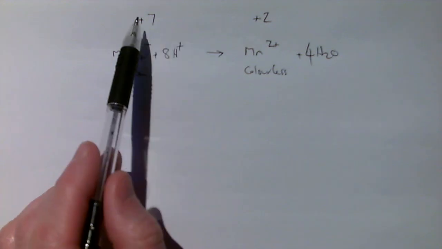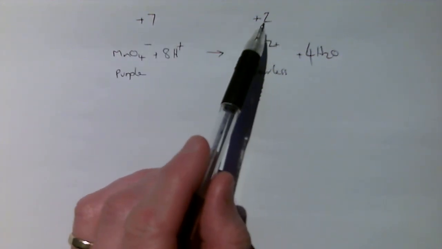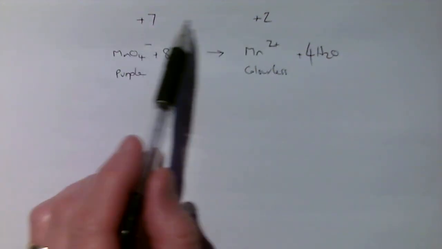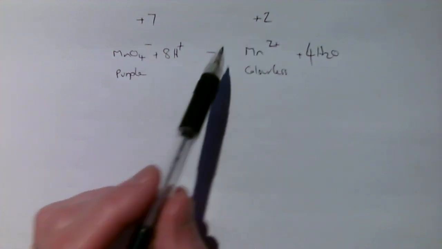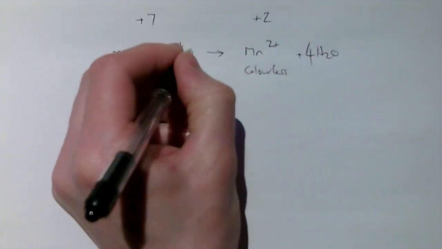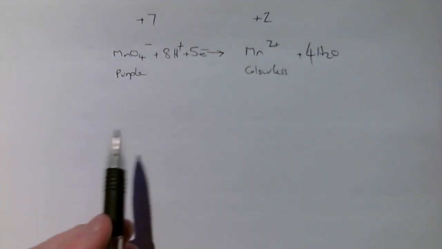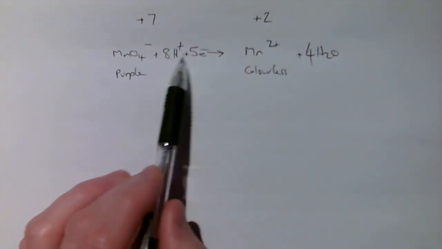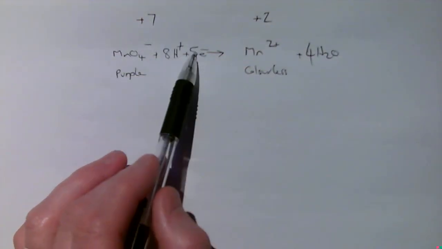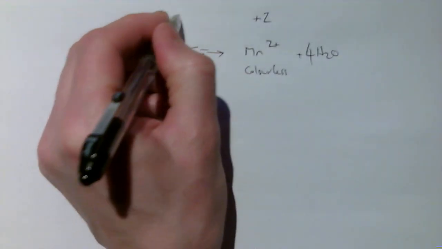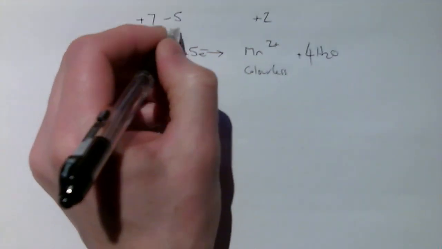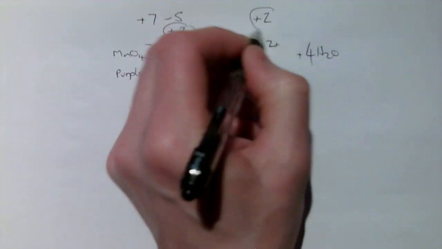I need to go from plus 7 down to plus 2. So if I add 5 electrons, 5 negative charges, onto that left hand side, plus 7 minus 5 takes me down to plus 2. My charges now balance.